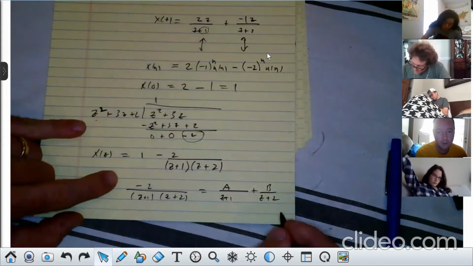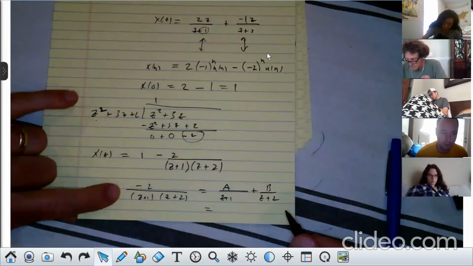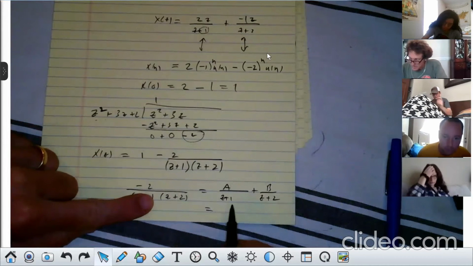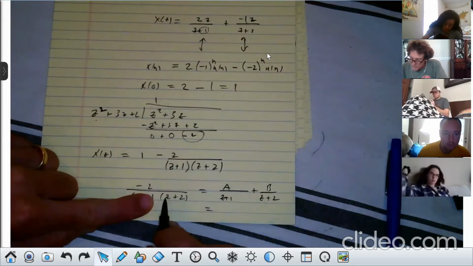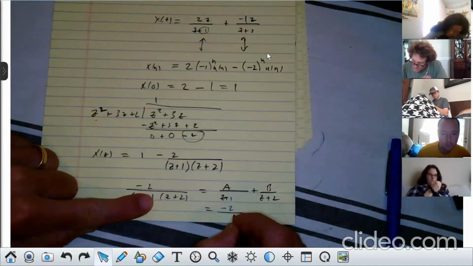How do you get a? It's just the cover-up method again, right? And let z become what? Negative 1. Minus 1 plus 2 is 1, right? So minus 2 over 1 is minus 2 over z plus 1.